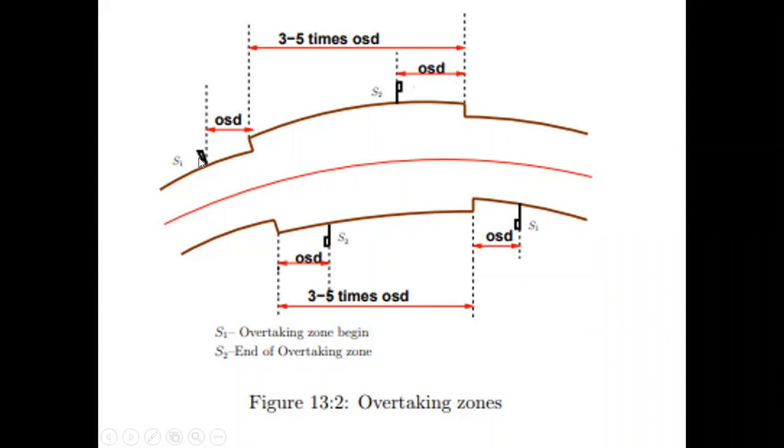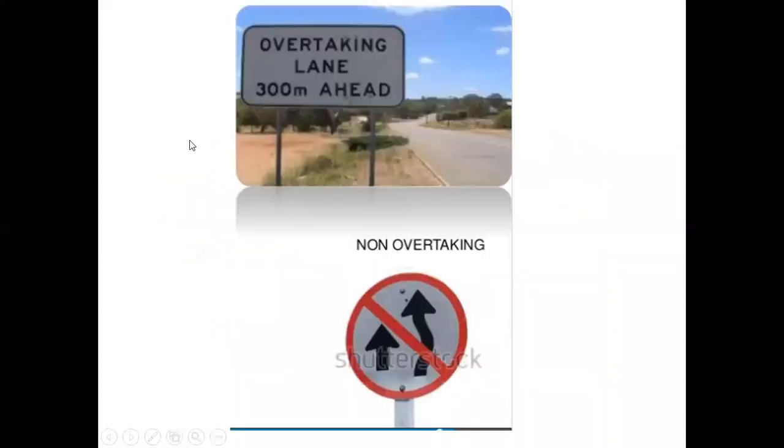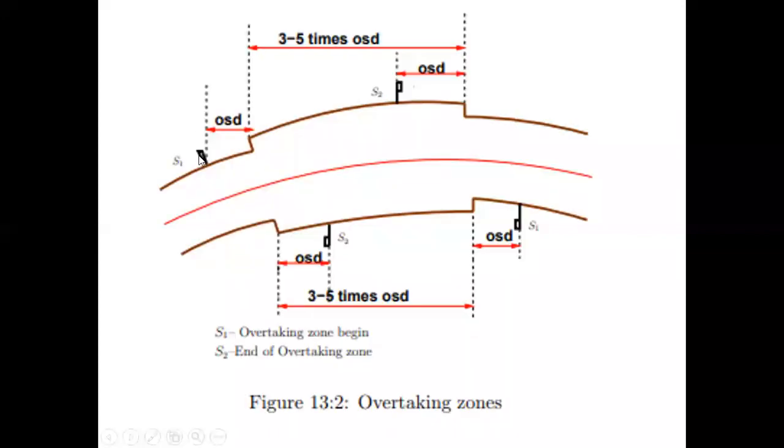There will be a signboard, like the signboards we have seen, telling the driver that an overtaking zone is going to begin ahead, so that he can overtake when he comes to that particular zone.